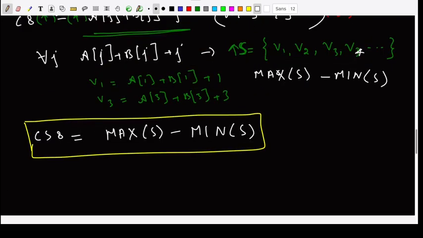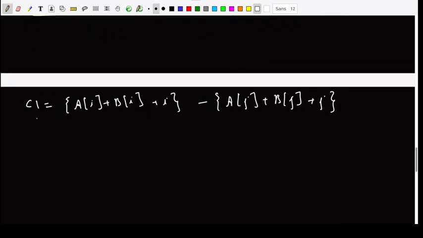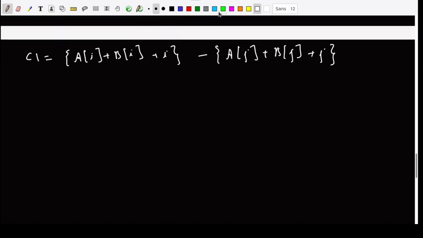Remember, the set S contains all the values which can be obtained by solving this expression, right? So again, when we try to maximize the value of case 1, we will try to maximize this, which means we want to find the maximum value in the set S, and we will try to minimize the value here. So we will try to find the minimum value here. So essentially case 1 also translates to maximum of S minus minimum of S, right?